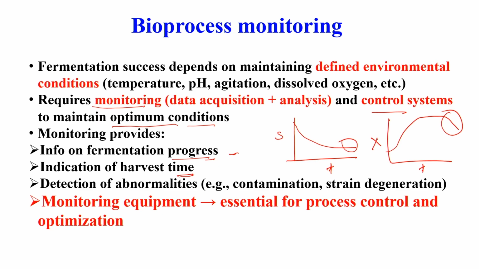In addition, if you see some unexpected trend, then you can think there may be some contamination or some other changes in the process, and that requires some remedial measures. So, this indicates monitoring is very important, and for that you require monitoring equipment, and further we will be discussing how it is integrated with process control and optimization.